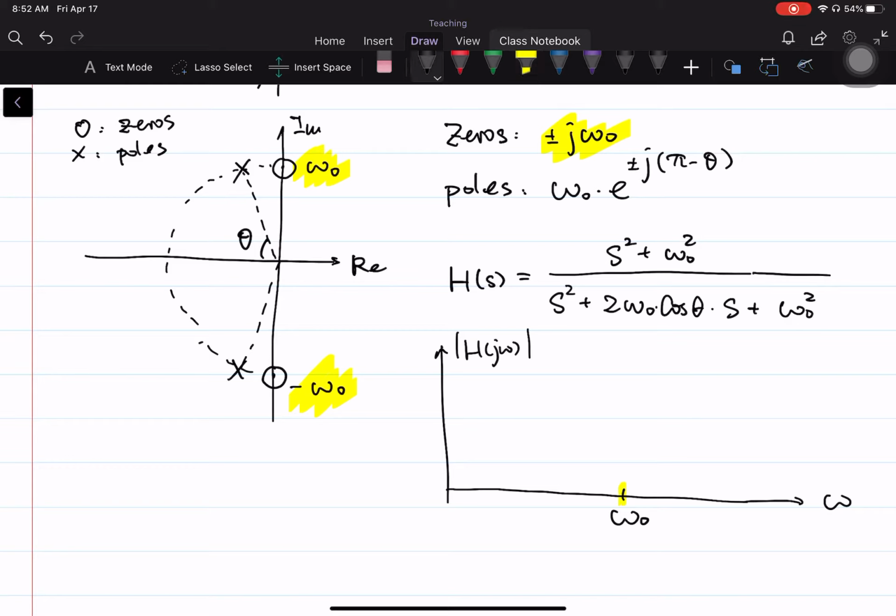No matter how you choose that parameter theta, you have to have a zero here, right? And it's easy to find out that at the origin, the DC gain of this transfer function, omega equals 0, is the constant term in the numerator polynomial divided by the constant term in the denominator polynomial, and it should be 1.